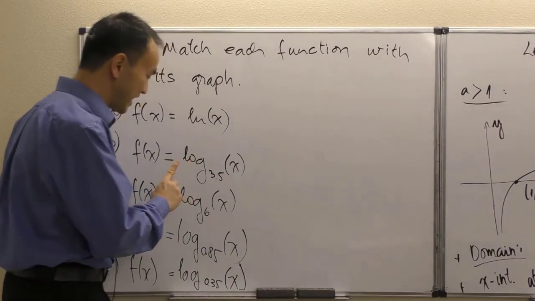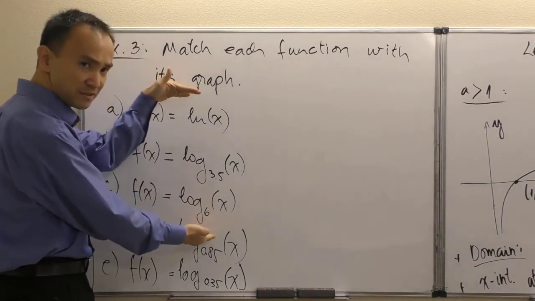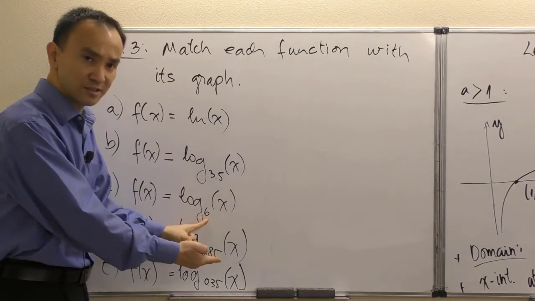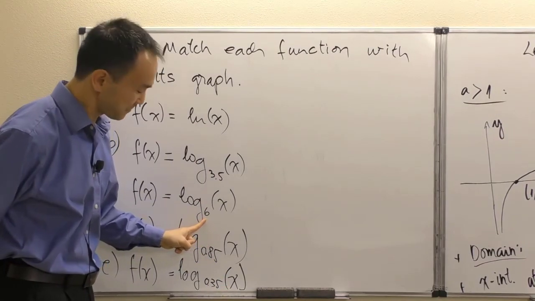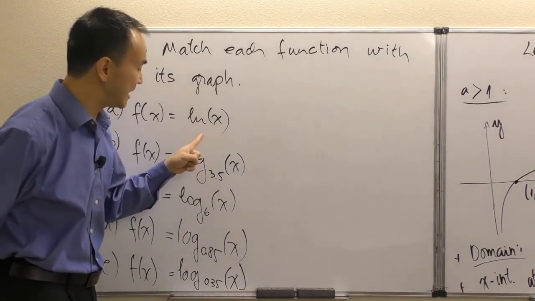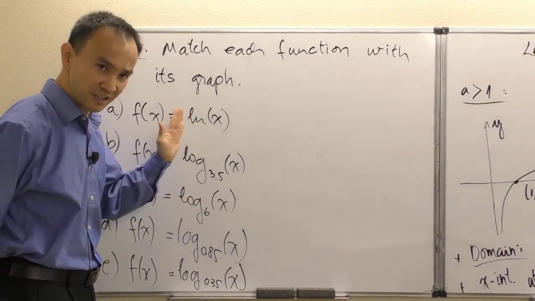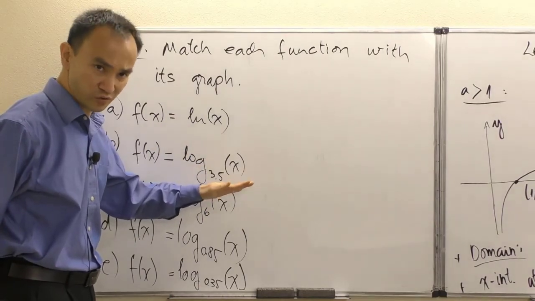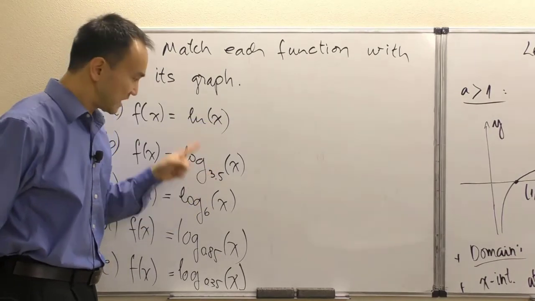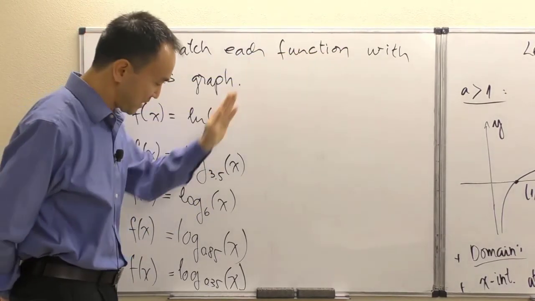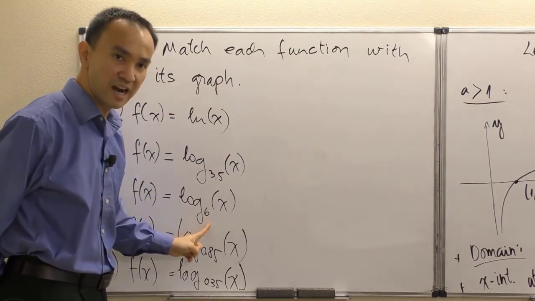So now I see that this base is the highest base out of these logarithms where the base is greater than 1, so this base here is the largest of all three. And this is the middle one, and this is the least one out of the three cases. So if we're putting up the picture, whichever one bends the most and is closer to the x-axis after the bend, of course these are all rising from the left to the right, but whichever bends the most will be the one with the highest base among these.